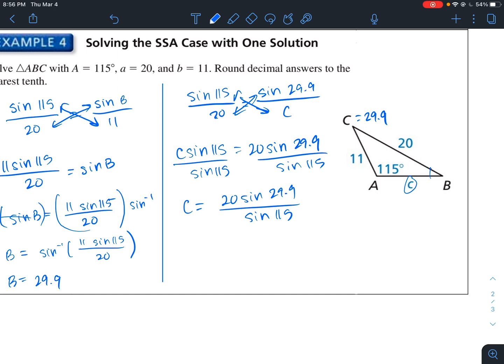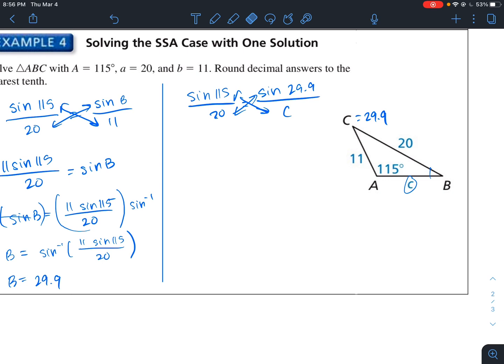Right. So sine of, I need to make sure that I did this. I might not have, because C should not be that. Let me set up my equation again. Sorry, bear with me, guys. So I can use sine of 115 divided by 20.